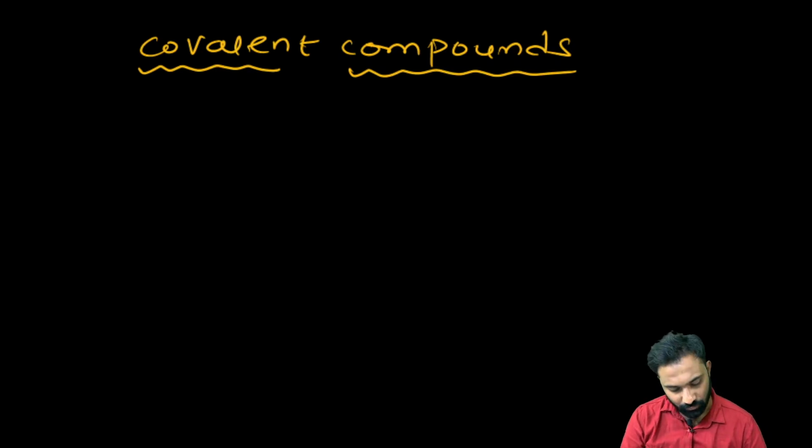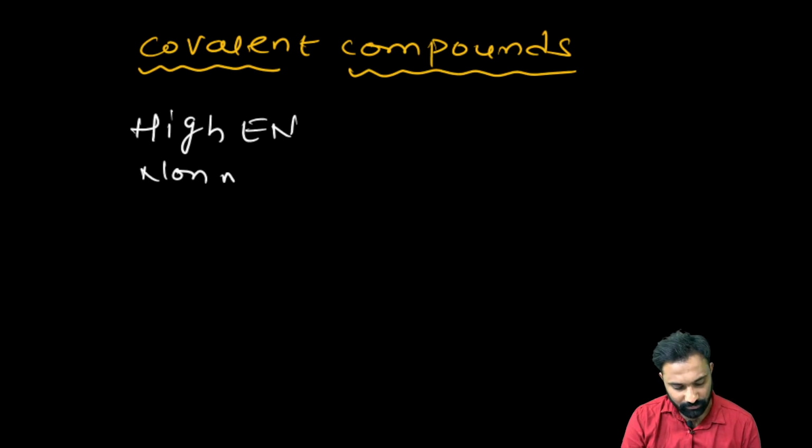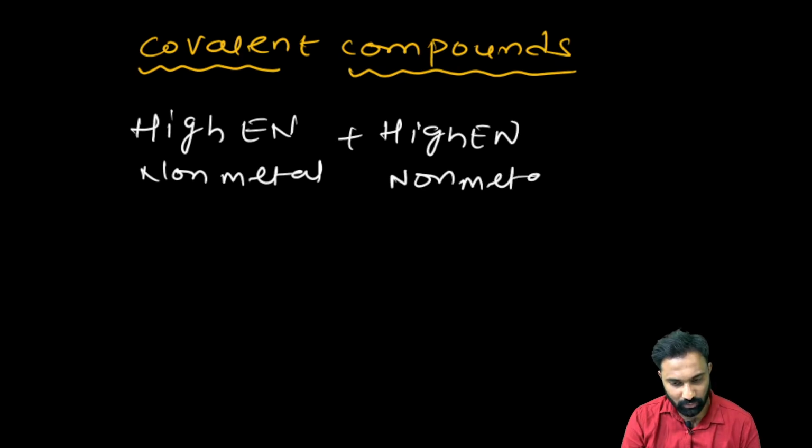Right. Now, first, what are the favorable conditions to form the covalent bond? First, an electronegative non-metal and an electronegative non-metal leads to give the covalent bond.